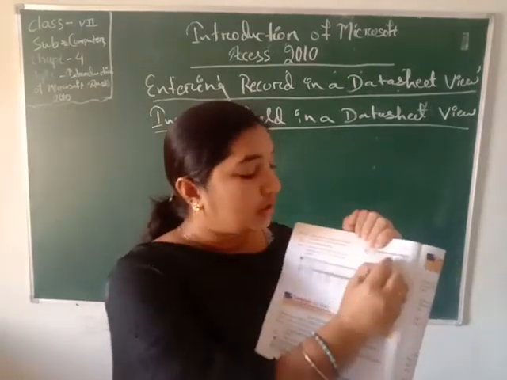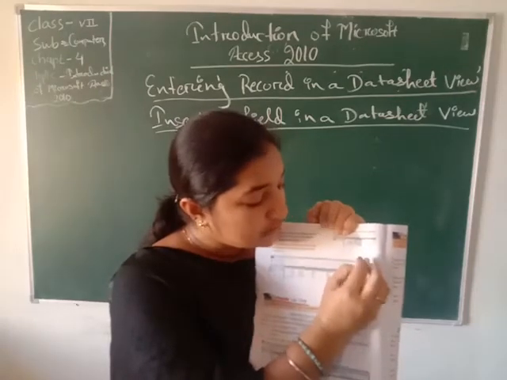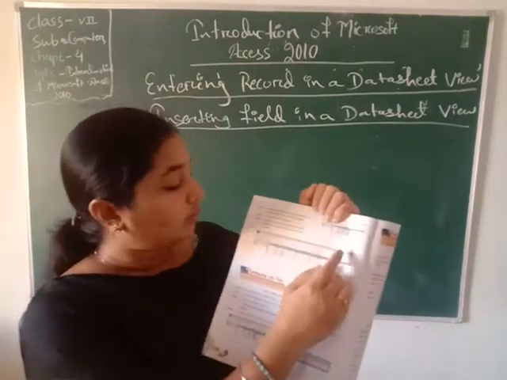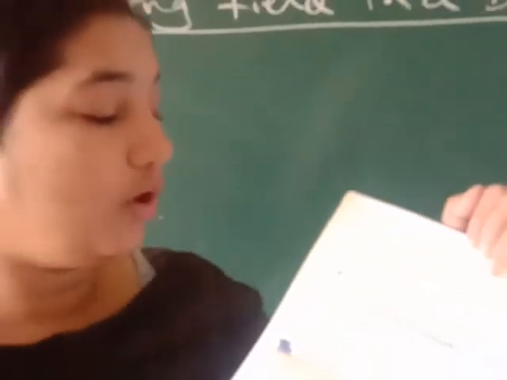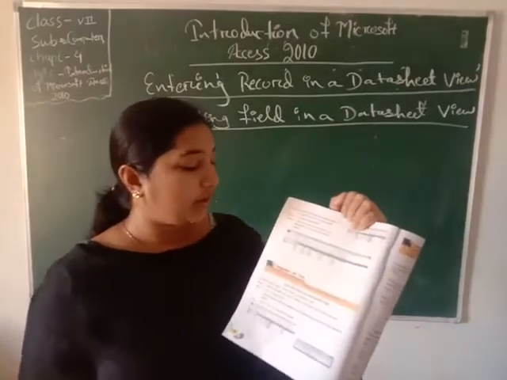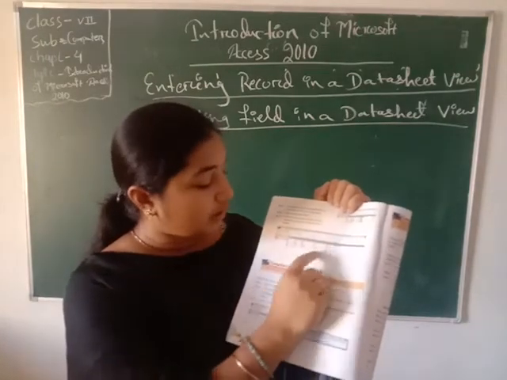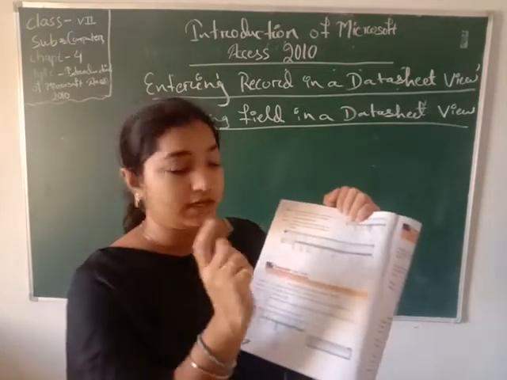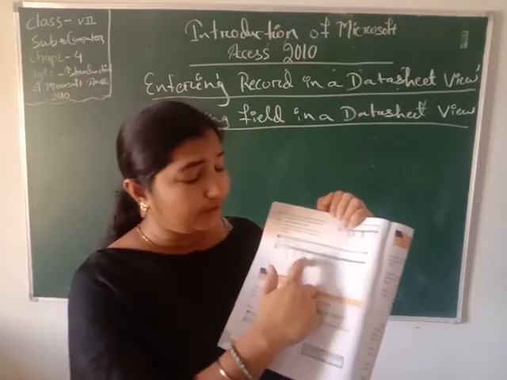Here is the rename field option. We have to click on that. After that we have to enter the name of the field from the keyboard, and the name of the field will appear. Here you can see we have renamed that field as the state, and here the state field will appear.